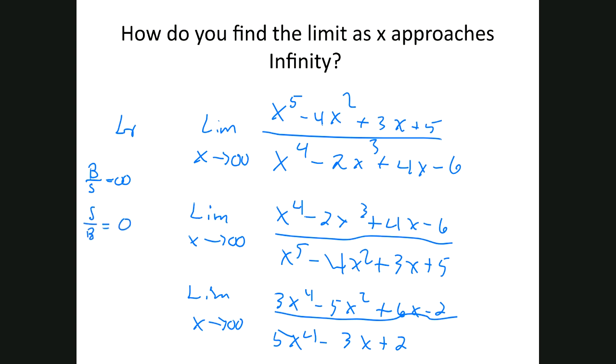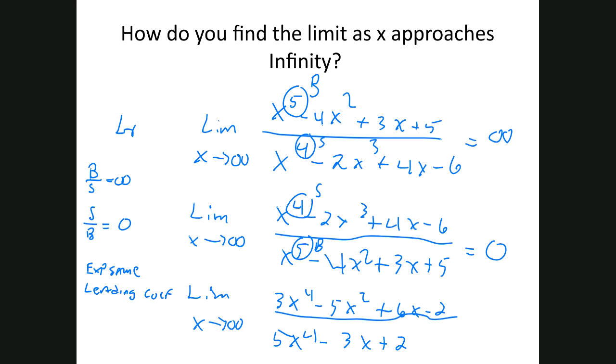And if the exponents are the same, then it's the leading coefficient of the highest terms. So in this one, the 5 is bigger than the 4. So all I do is big over small. Oh, the limit of this one has to be infinity. Okay? Here, I have 4 over 5. So small over big. Oh, my limit must be 0.